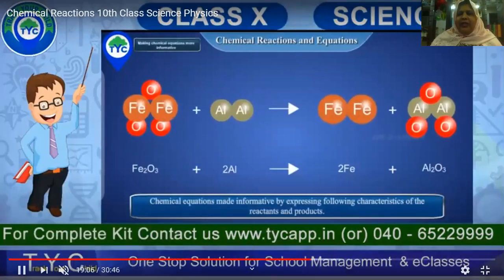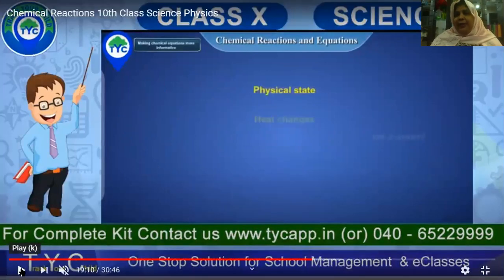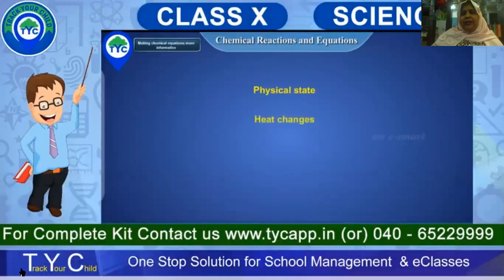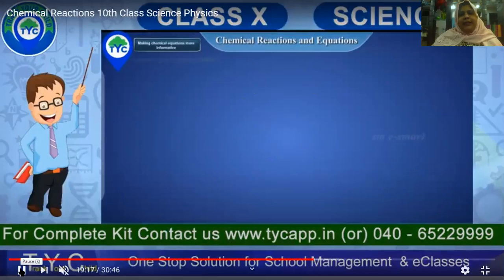The chemical equation gives us the characteristics of an element, that is, we are looking at physical state and how heat changes, whether it's exothermic or endothermic, or whether it is in the form of a precipitate, or what all are the different aspects, whether gas is evolved, whether it's liberating gas or precipitate is formed.